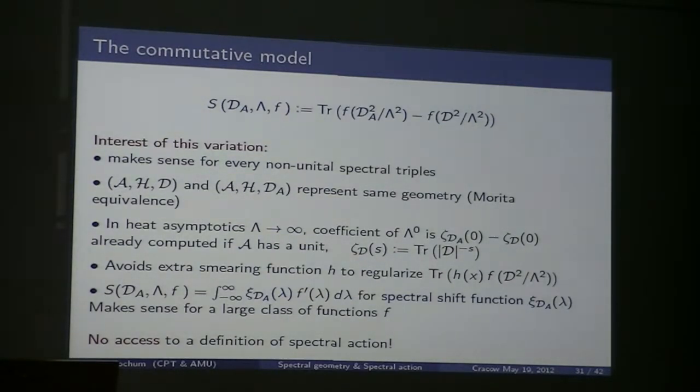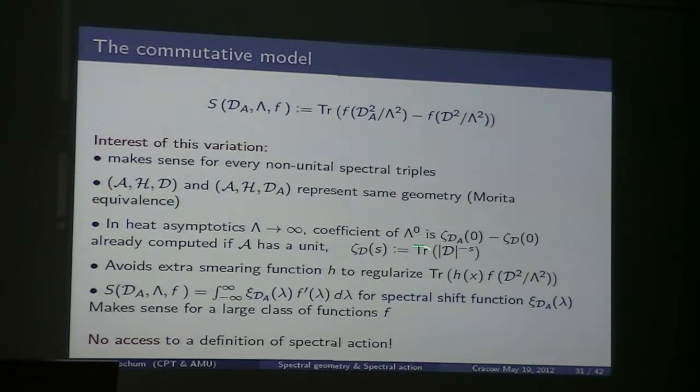Another argument is that the heat asymptotics, when lambda goes to infinity, the coefficient which is invariant by dilation, so there is no dilaton here, is this difference. And remember, we computed this difference already, but only when A has a unit. Here it is not the case. The Schwarz function, of course, has no unit.